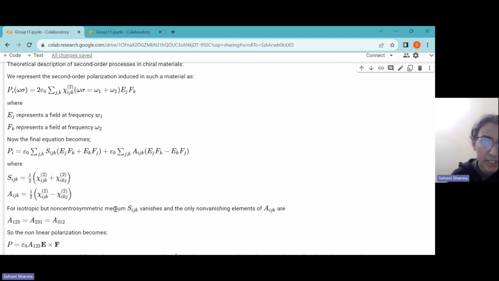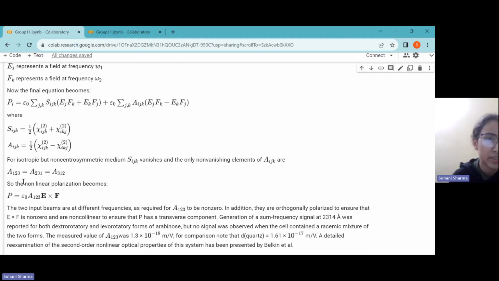The Sijk term vanishes and only the elements of Aijk left are A123, A231 and A312, which become equal, and our final non-linear polarization becomes this.